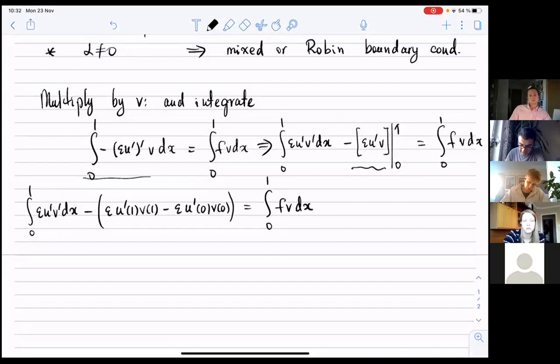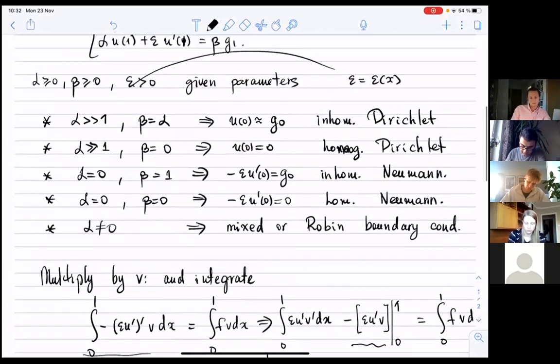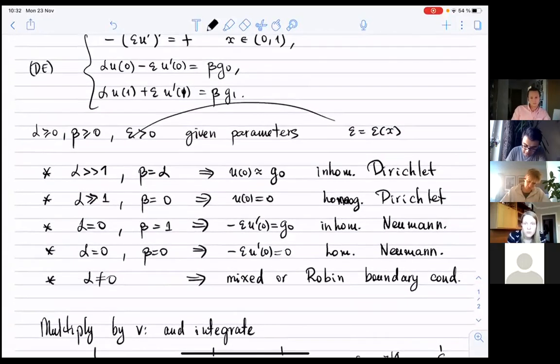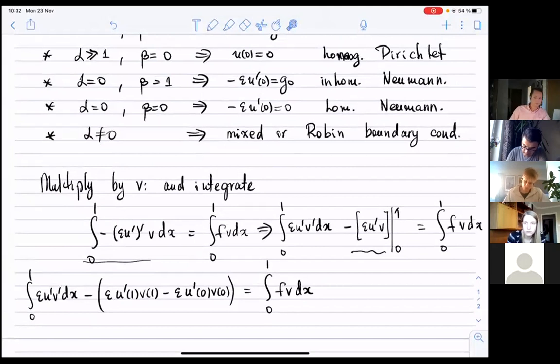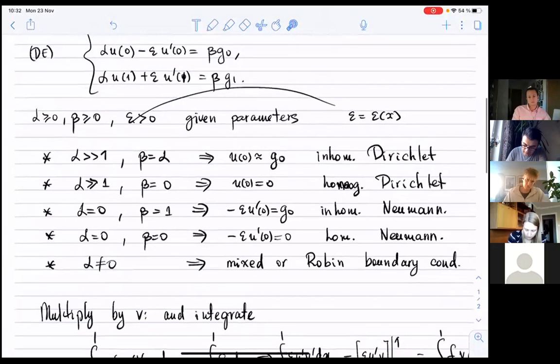Okay, so this is what we get. And recall that we had this boundary condition. From the first one, we need minus epsilon, so minus epsilon u prime 0.